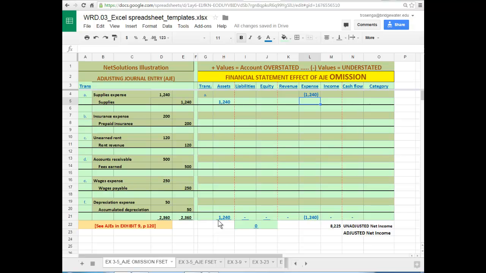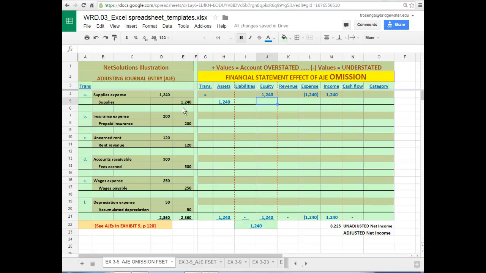As before, we will check to assure that debits equal credits at the end of each analysis, and we see that they do not, so we must enter the secondary effects. If we have understated an expense, taken too little from revenue, we would have overstated income, and the overstatement in income would overstate owner's equity.